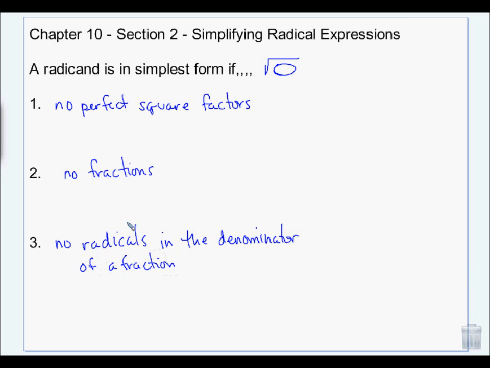There are no fractions under the radical. Okay, you can have fractions, you just can't have fractions under the radical. And you can't have radicals in your denominator.